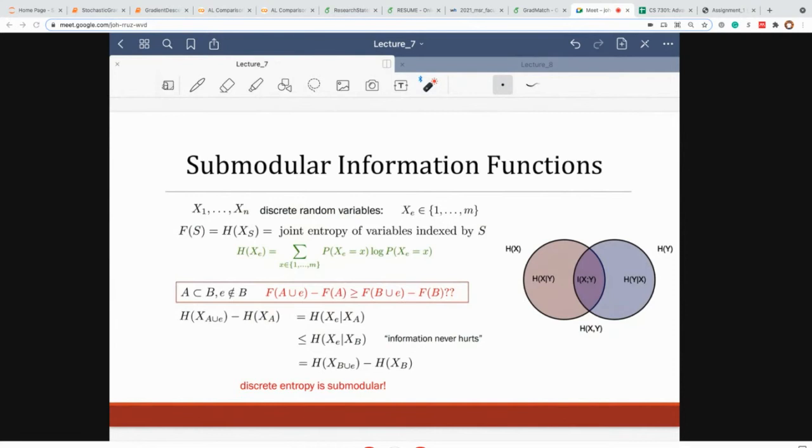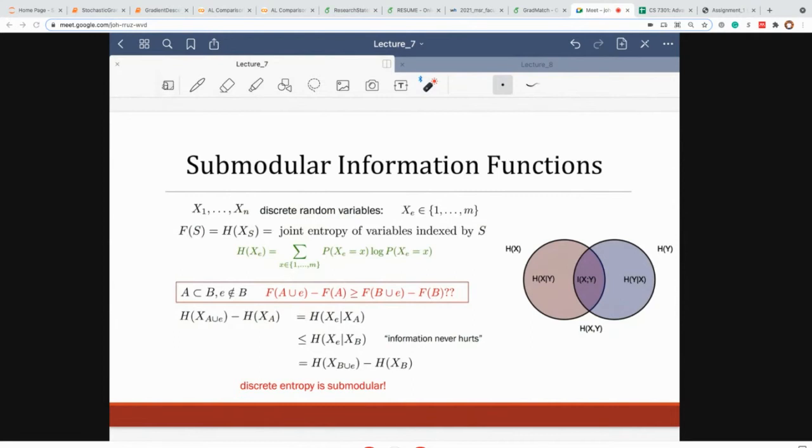And we also know from entropy and information theory that information never hurts, right? So you compute the information gain, or the conditional entropy, of H(X_{A ∪ e}) minus H(X_A), right? And you define this as the entropy of X_e given X_A, right?